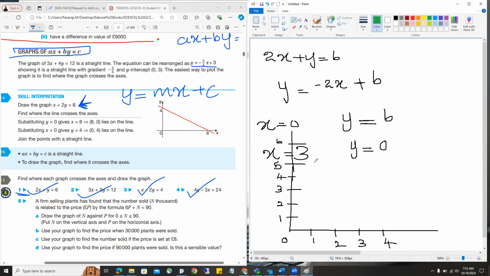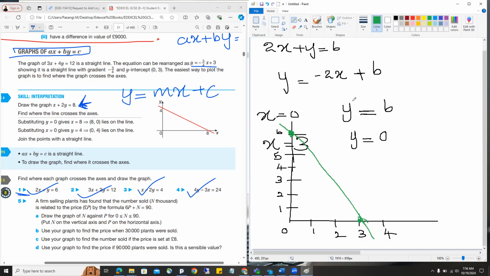When x is equal to 0, y value is 6. When x is equal to 3, y value is 0. So then if you draw the graph, it will look like this. Did you get this kind of graph? Yes, miss.